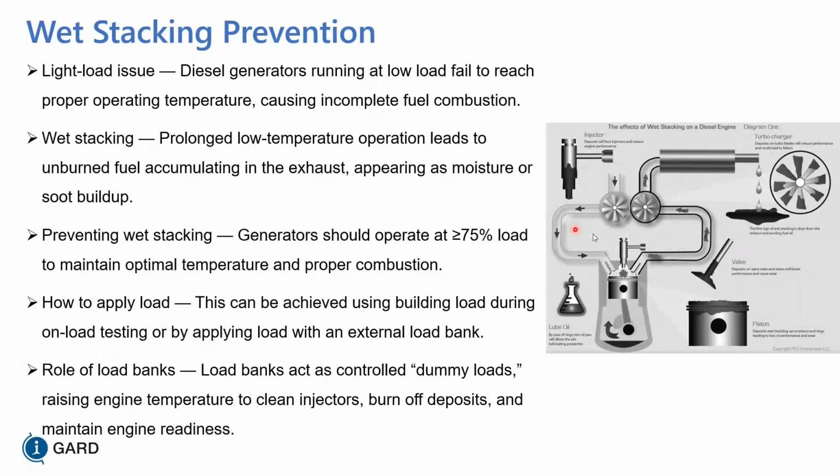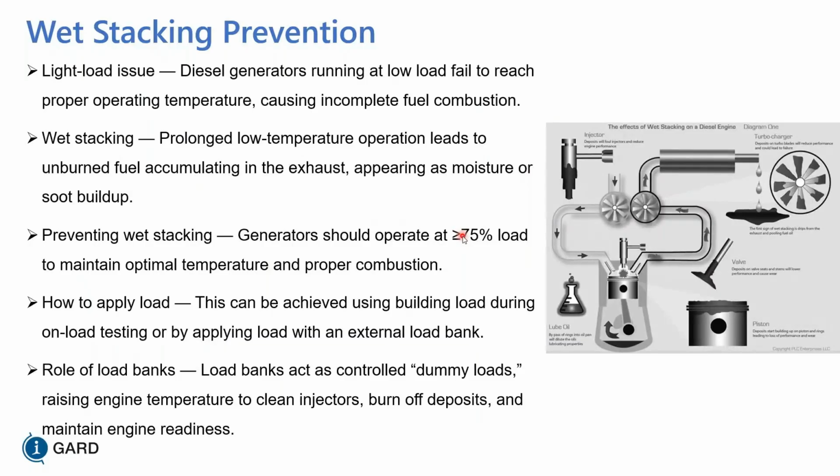So to make it work optimally, we try to maintain a 75% load on the generator so that it's running efficiently. So we do that by applying more load, depending on whether the plant load can actually be sufficient enough to maintain the 75%.